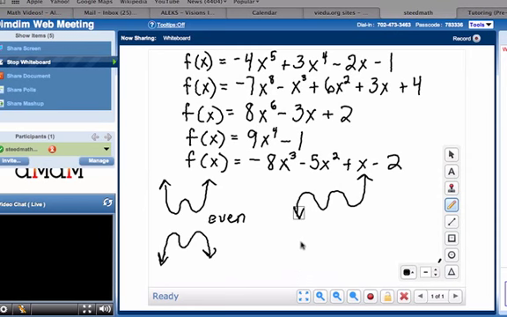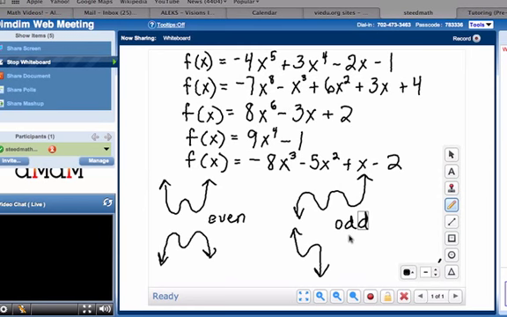Or it could be rising to the left and falling to the right. So these are odd. That's like our first and our last functions here, because this is an x to the fifth or x to the third graph.